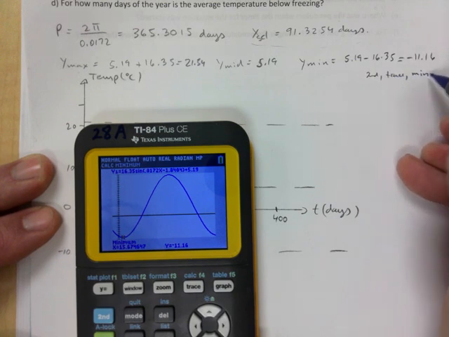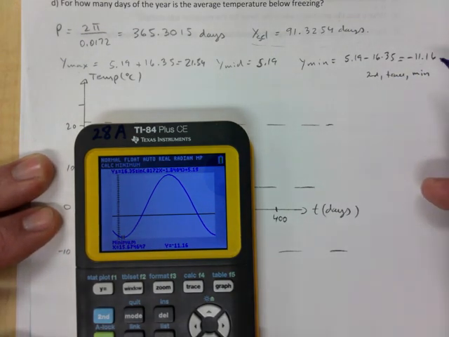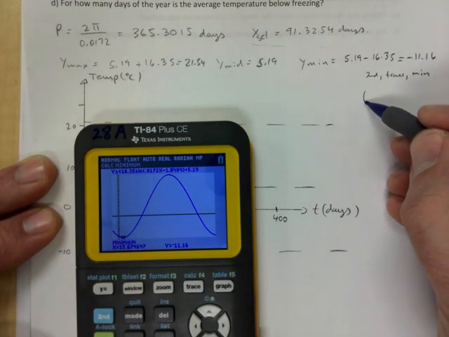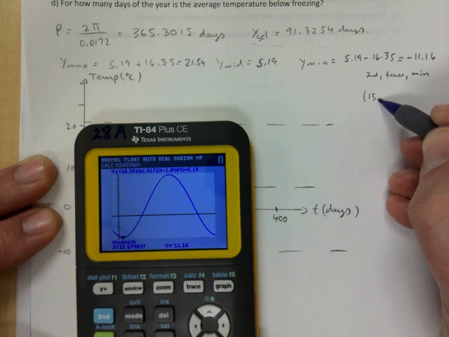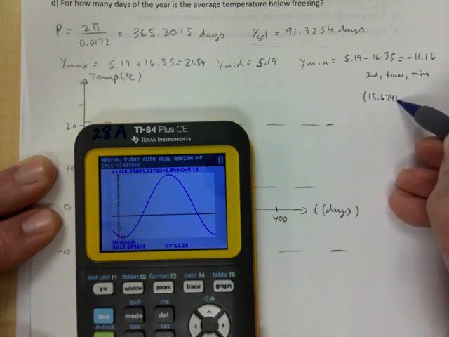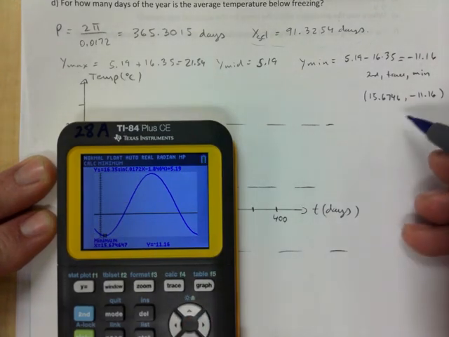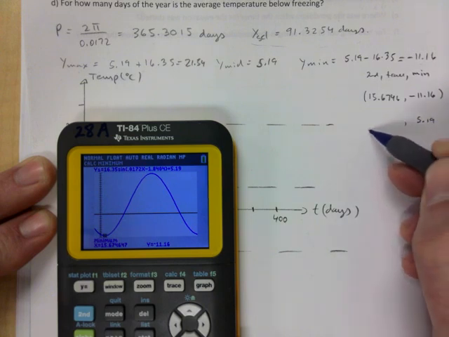And why am I not starting with a max? Because if you're starting with January, if this is days, then it would make more sense, wouldn't it? 15.6746, negative 11.16. And so we're going to jump from there to 5.19.